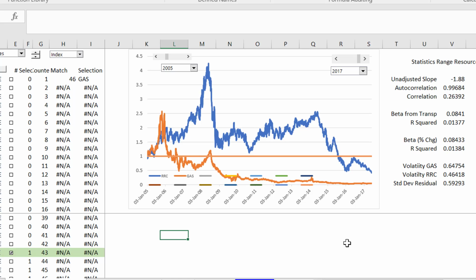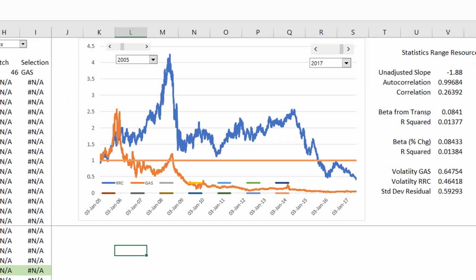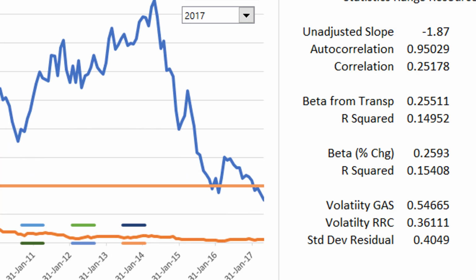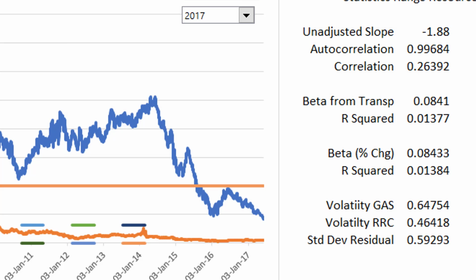What's so interesting here is that as the gas price came down, first of all, we have a higher volatility, and then if you look at this 64% volatility. But then if you do it on a monthly basis, the volatility goes to 54%. So that suggests there's some mean reversion, not that much perhaps.